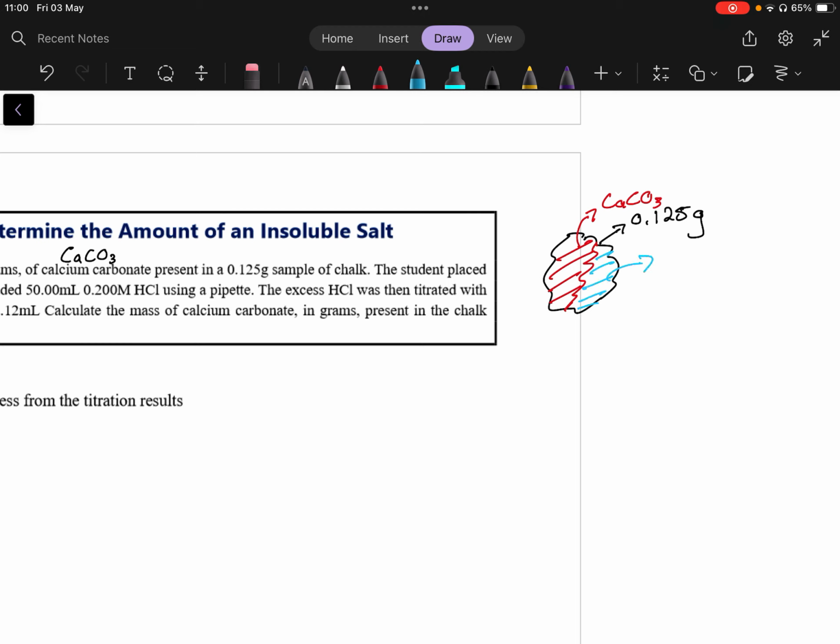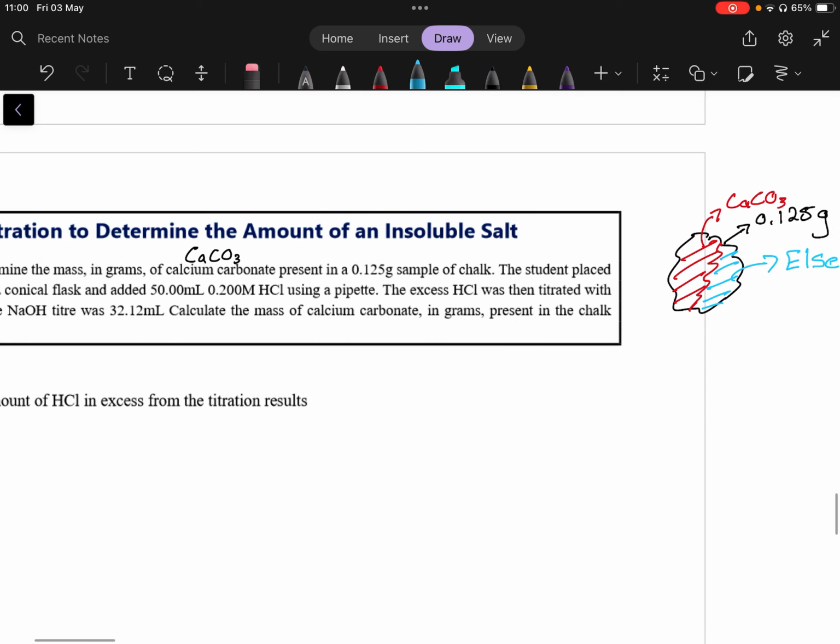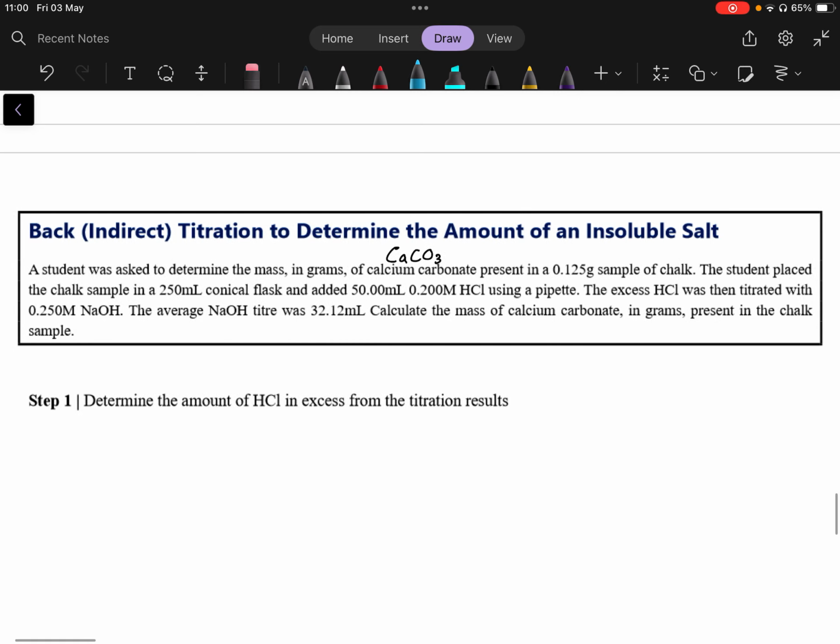Who knows? Right, so that's the idea in our head. We want to determine what the mass is of the calcium carbonate in that situation, and it should be less than 0.125.